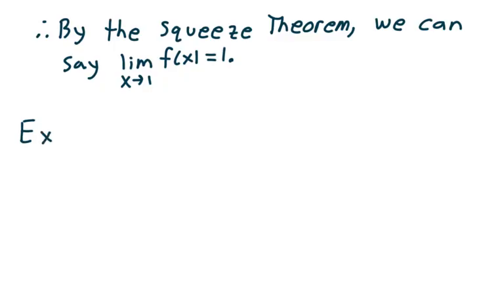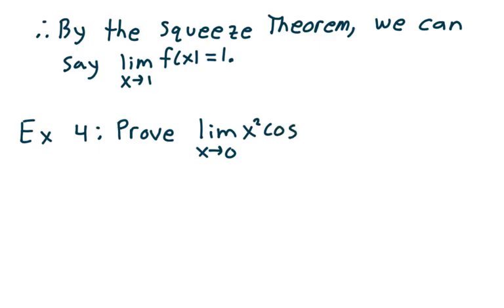And suppose we take a look at example 4. Suppose I want to prove that the limit as x goes to 0 of x squared cosine of 1 over x squared is equal to 0.